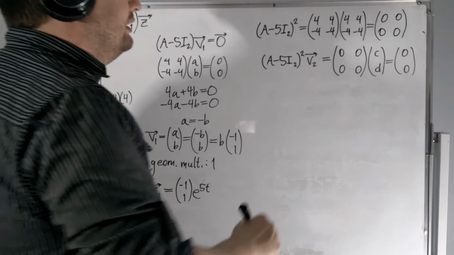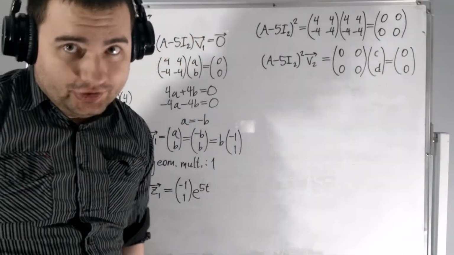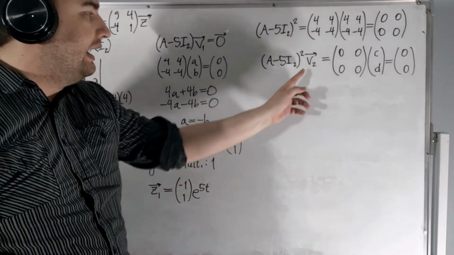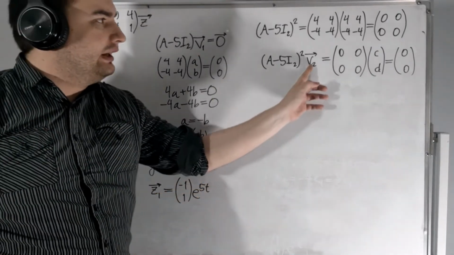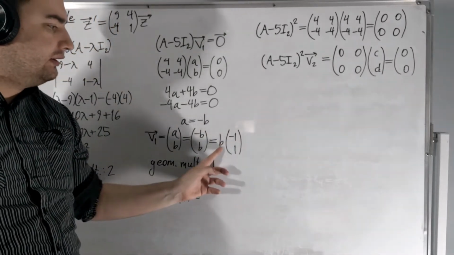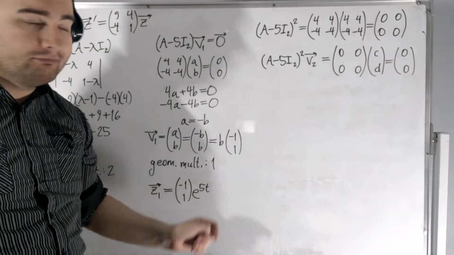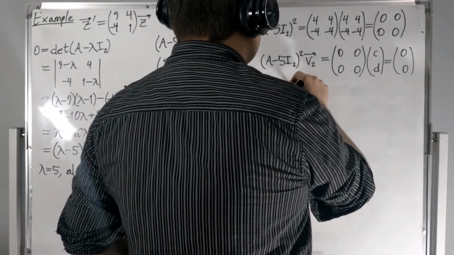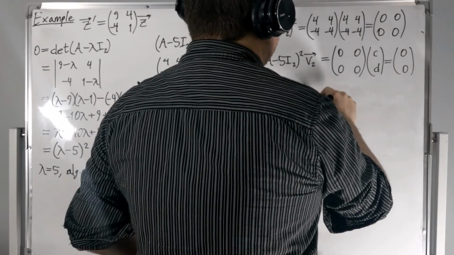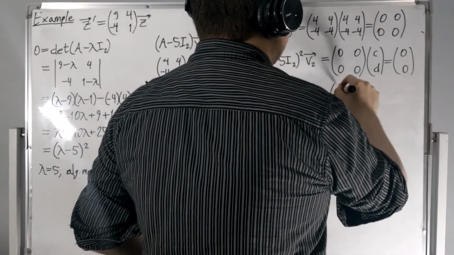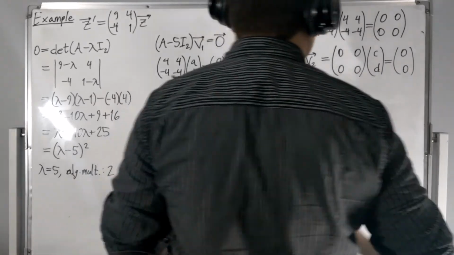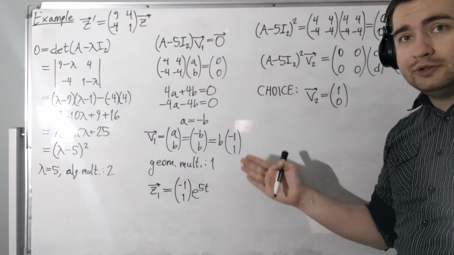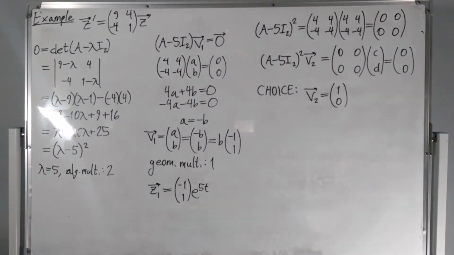First of all, v2 must not be the 0 vector. But more importantly, v2 must not be an eigenvector. So that means that it can't be the 0 vector. It also can't be a scalar multiple of negative 1, 1. So let's make the arbitrary choice. v2 vector is going to be 1, 0. That is not a scalar multiple of negative 1, 1, so it's not an eigenvector. It's a generalized eigenvector of rank 2.